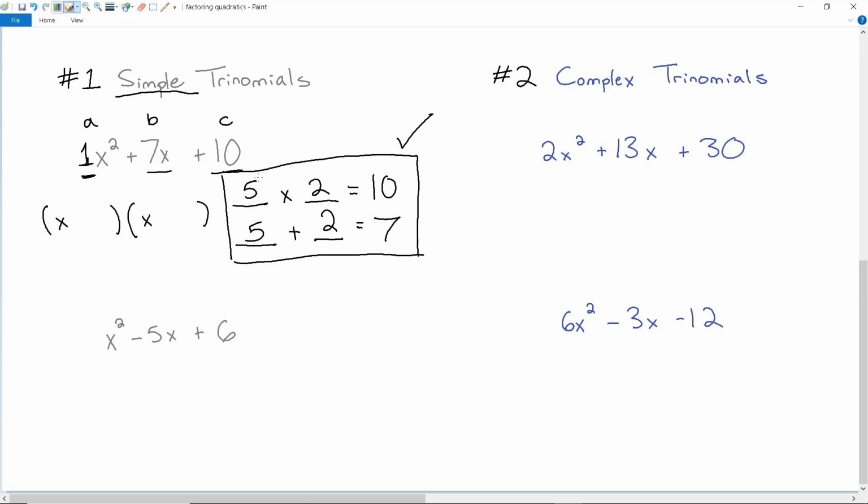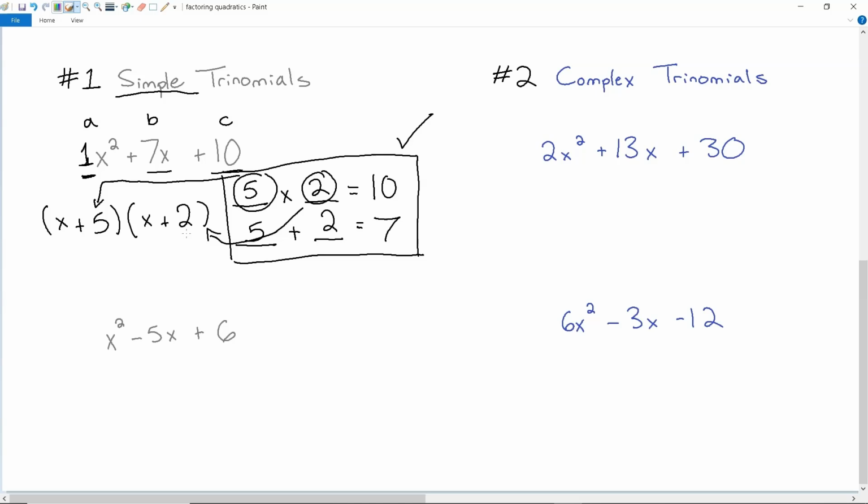And we just need to plug in these values right after our x's. So here I have a positive 5, so this will be an x plus 5. Here I have a positive 2, so this will be an x plus 2. And that's all there is to it for a simple trinomial.